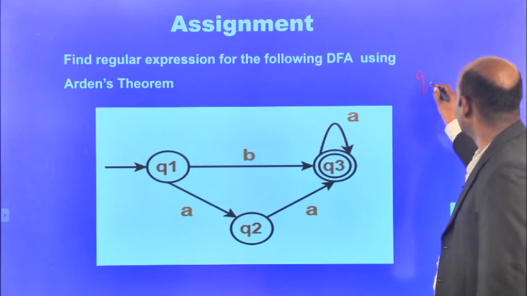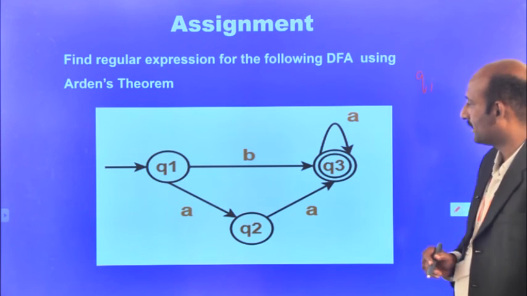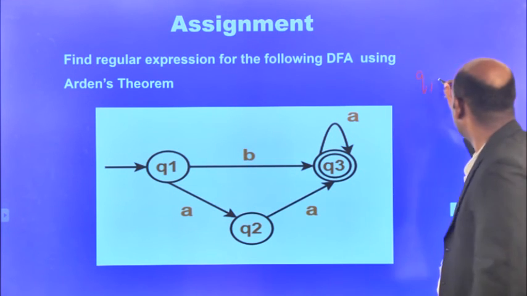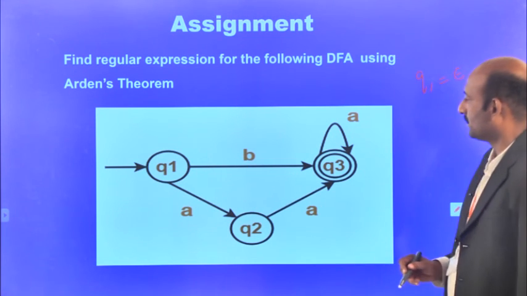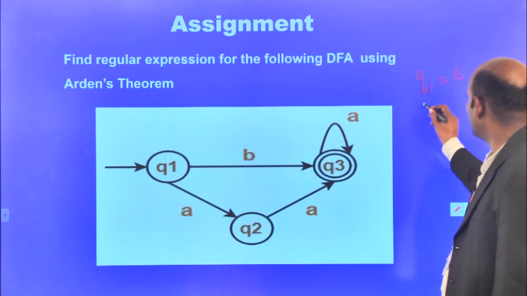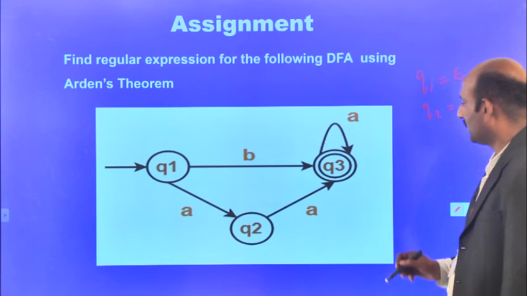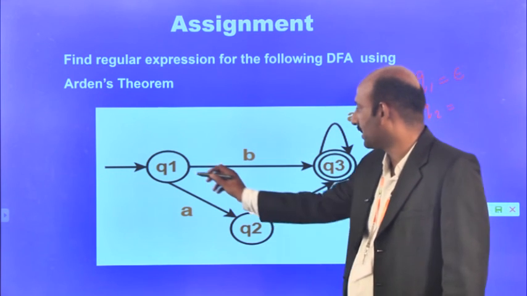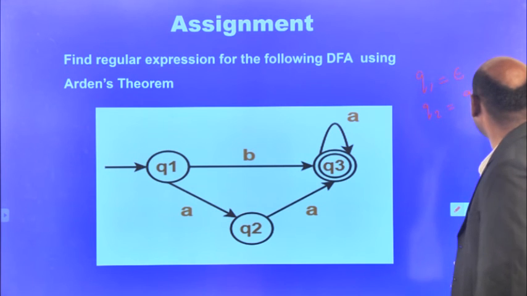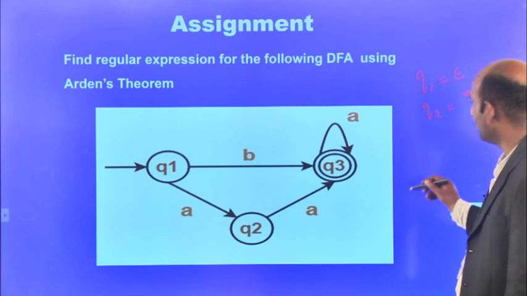The Q1 only has epsilon, as there is no incoming state to Q1. Likewise Q2: the incoming state for Q2 comes from Q1 with input A. So Q1 dot A, like that.